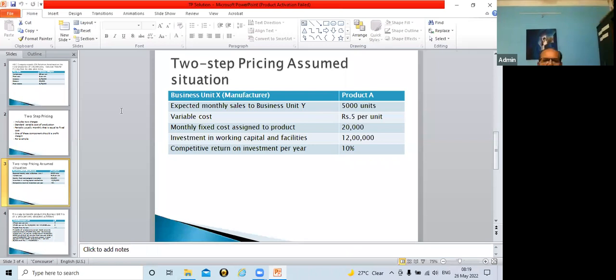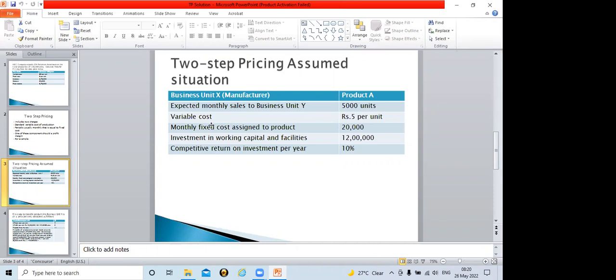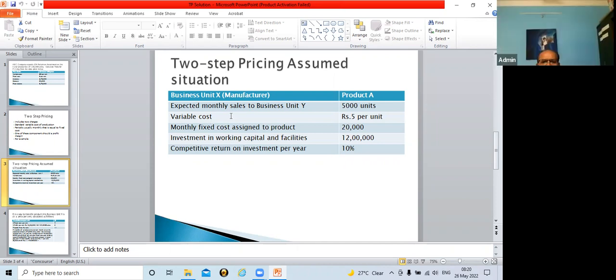Now the next line. What is the information given on the next line? Variable cost. And what does this variable cost cover? Just now I told you.